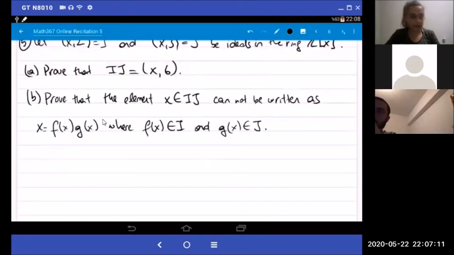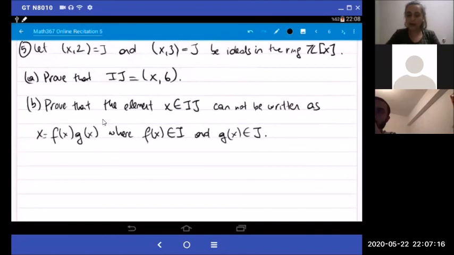This is one of the examples. Now, first our aim is to show that the product ideal is generated by x and 6.